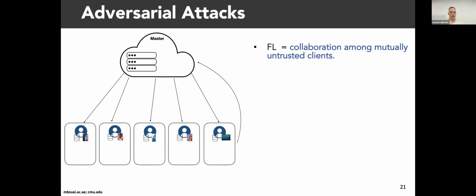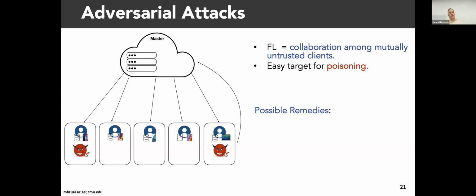But the problem is that this makes federated learning an easy target for a threat known as poisoning, where a small fraction of malicious clients may corrupt the jointly trained global model. Therefore, when one designs or deploys federated learning, we also have to think about employing defensive mechanisms to avoid these attacks.